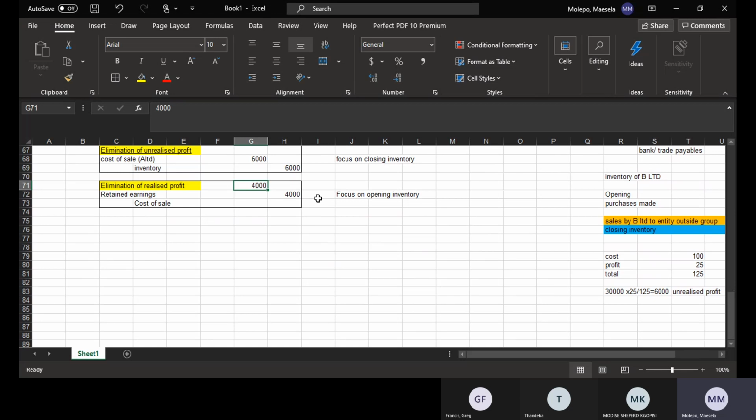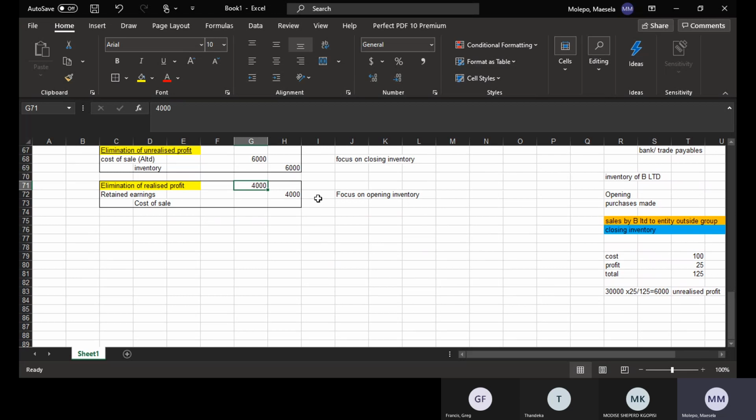So you acquire the full profit, which is 4,000: 20,000 times 25 divided by 125 gives you the 4,000.